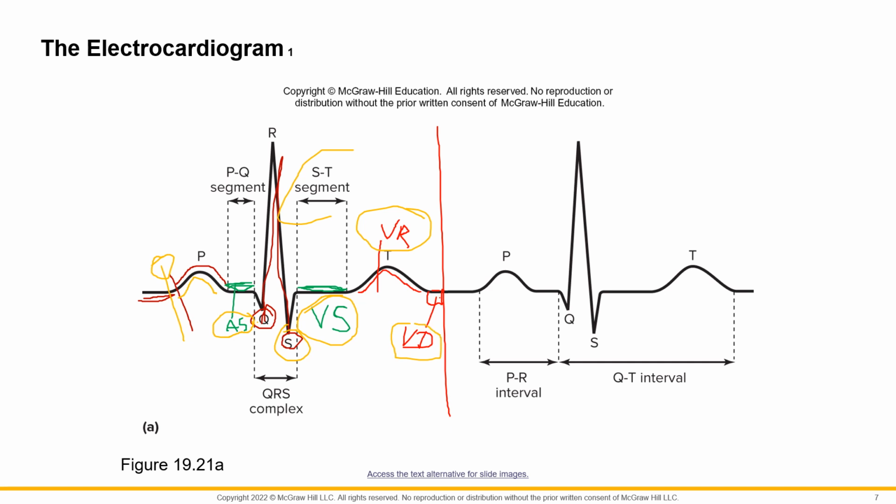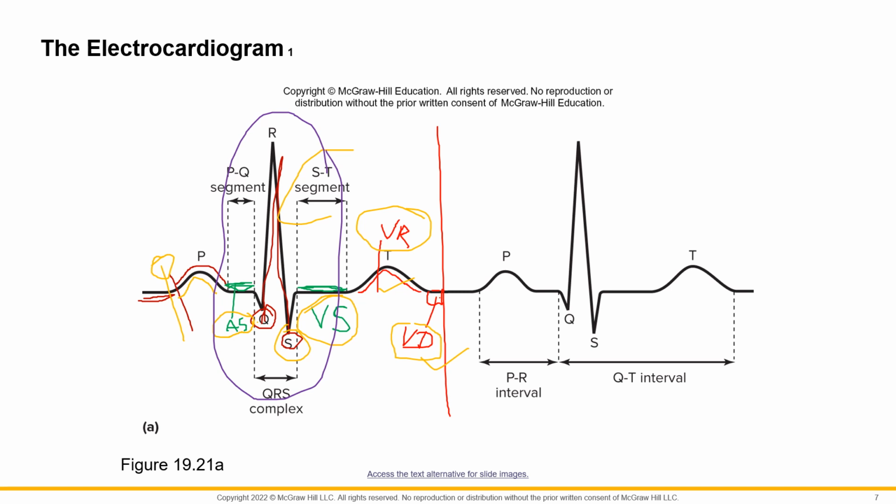Now the question here is, if you're seeing ventricular repolarization and ventricular diastole on this graph, why aren't you seeing atrial repolarization and atrial diastole on this graph, right? Now the reason for that is that those events, atrial repolarization and atrial diastole, are happening concurrently as that QRS complex is happening.